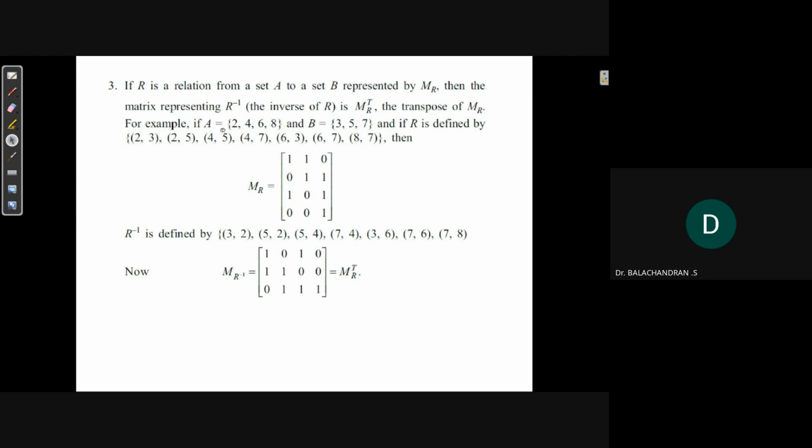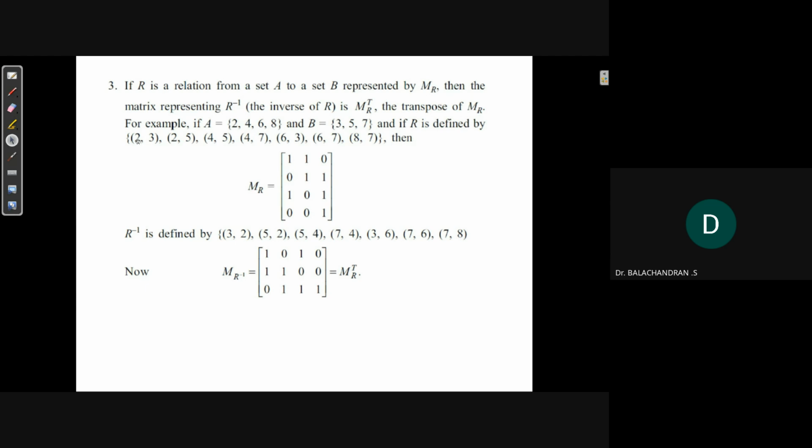For example, if we have A equal to {2, 4, 6, 8} and B equal to {3, 5, 7}, and the relation R is defined like this, then the corresponding matrix: here you write 2 4 6 8, and this side 3 5 7.